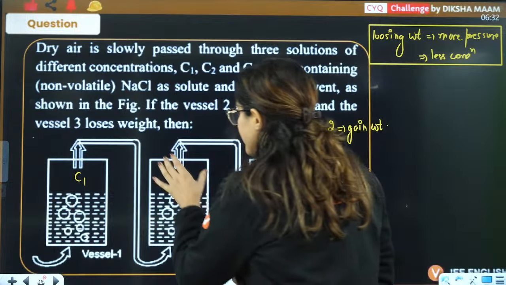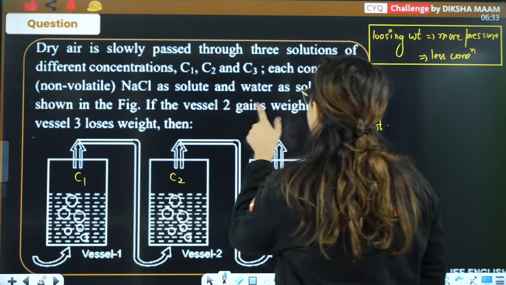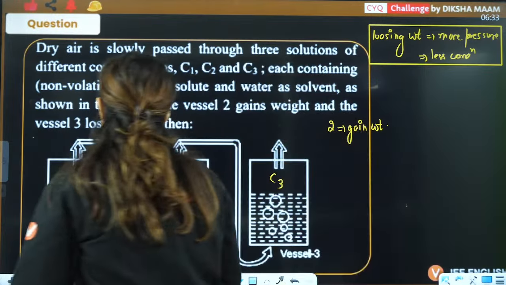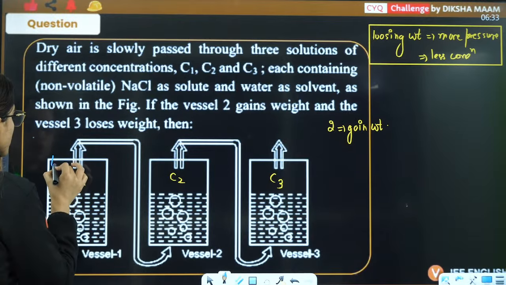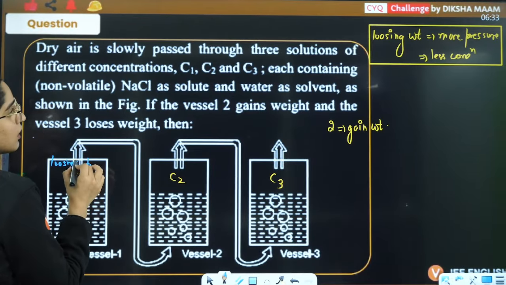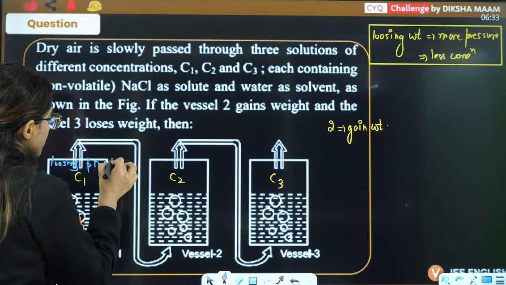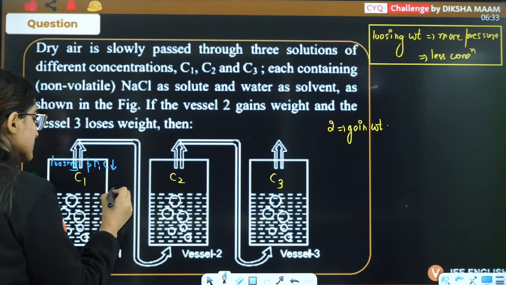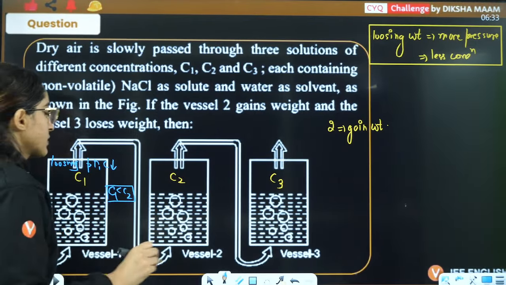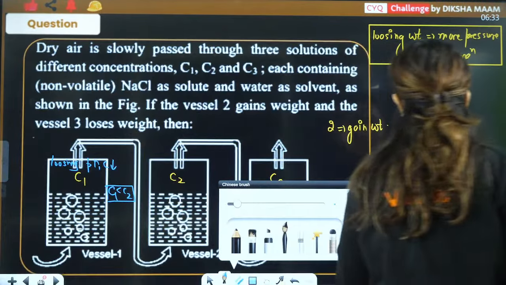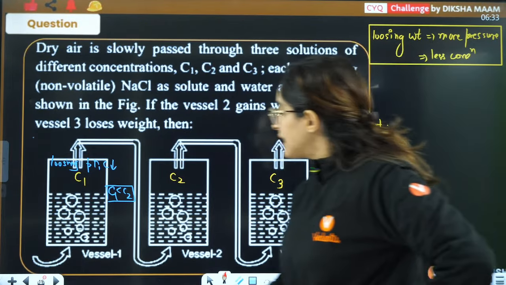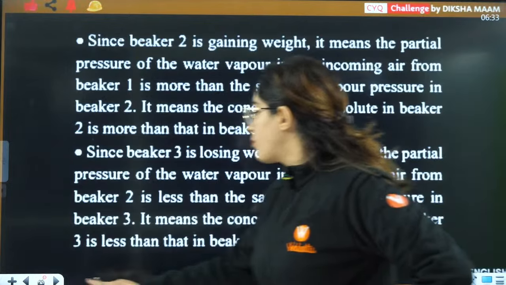Now we are saying vessel 2 gains weight. If this is gaining weight, this is losing weight, so you can write this here. If this is losing weight, then pressure is more here, that means concentration is less. So we can say C1 concentration is less than C2. Can I say that, right? Why am I writing in the form of C1 and C2?